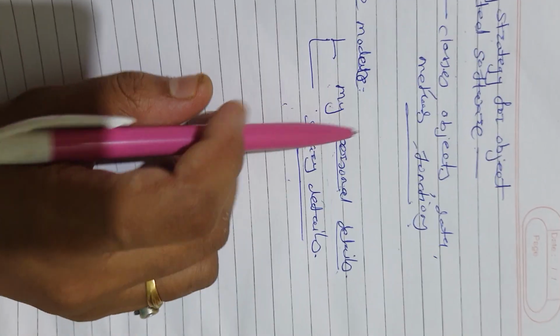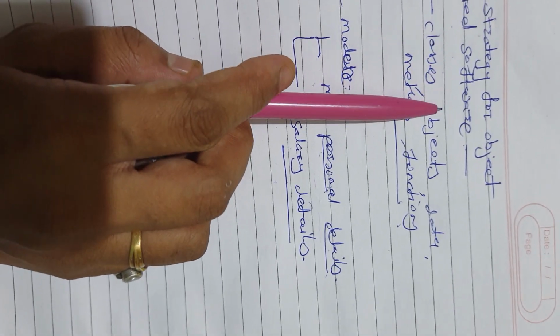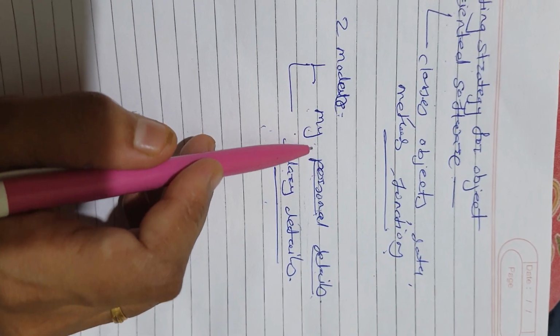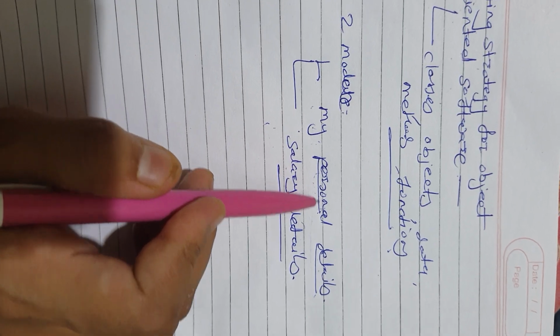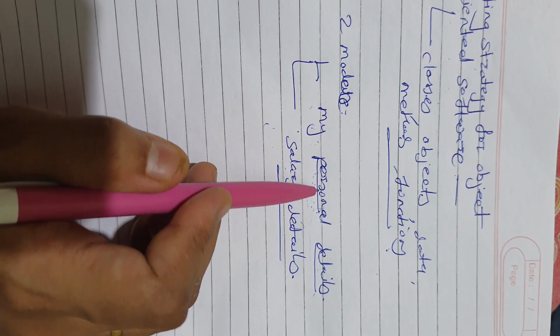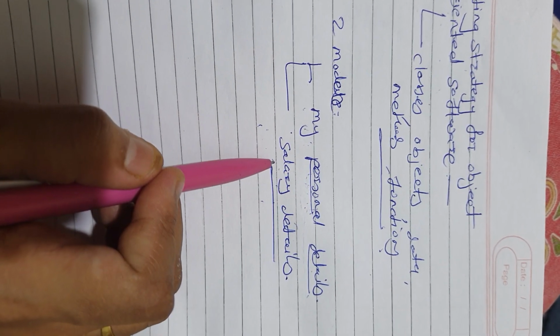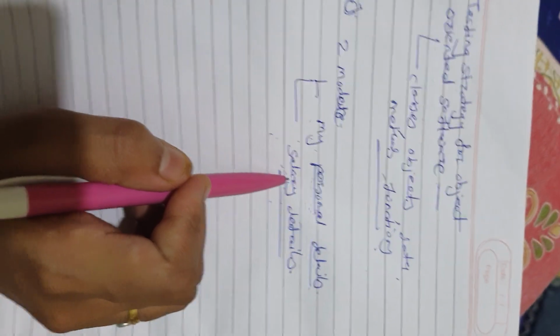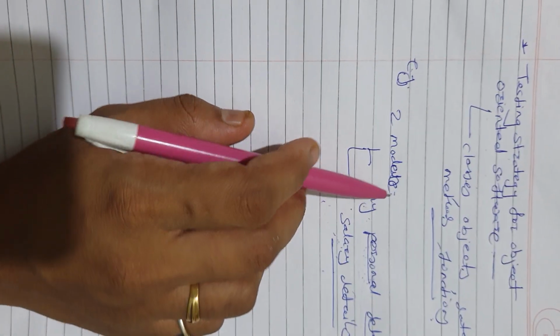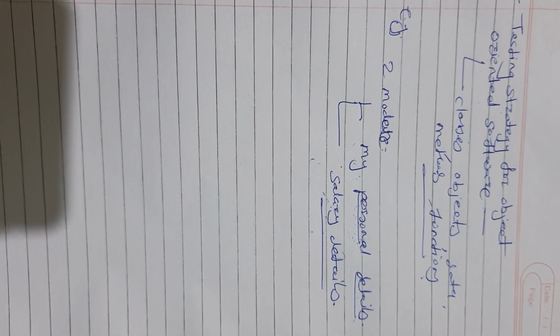This is called object oriented software testing. If I change a single line of code or some information in any one of these modules, it will directly affect the second module. This is called object oriented programming or object oriented software.